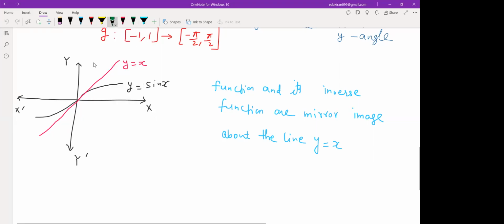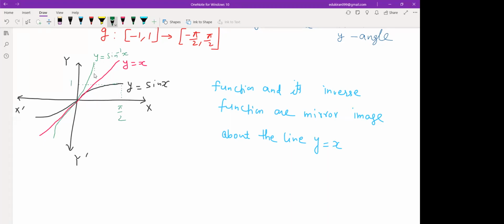So it would be like this. This is y equal to sine inverse of x. If you see, there is a point where x is pi by 2, you are getting sine x as 1.